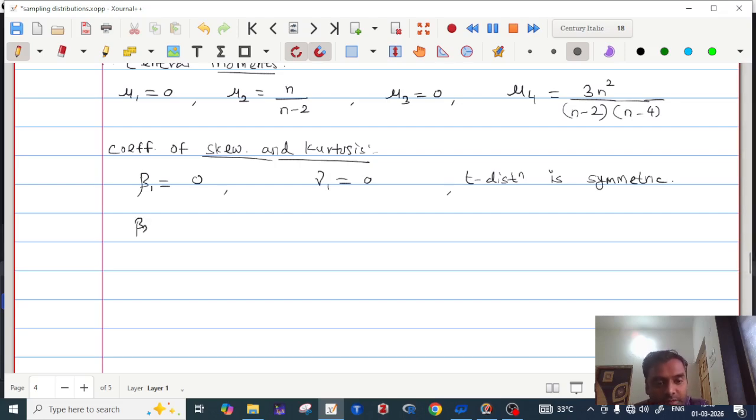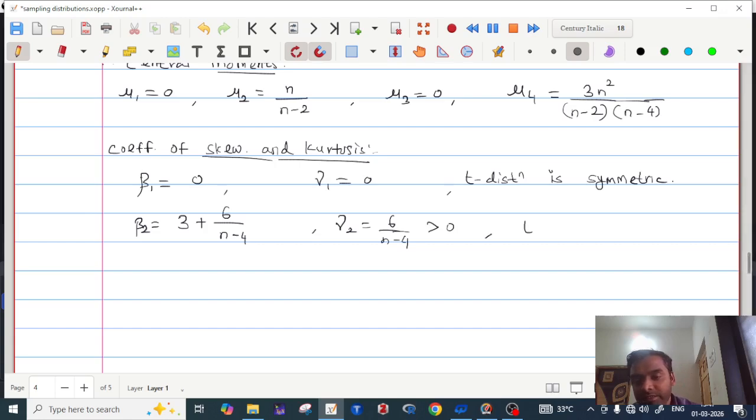Beta 2 is mu 4 upon mu 2 square. If you solve this, you will get 3 plus 6 upon n minus 4. So gamma 2 is beta 2 minus 3, nothing but 6 upon n minus 4, which is positive.